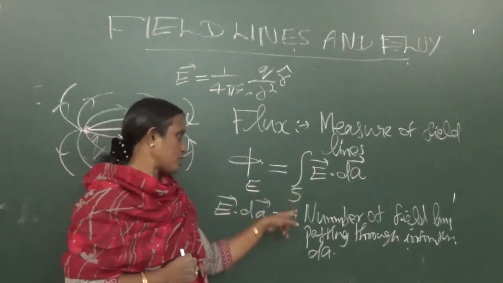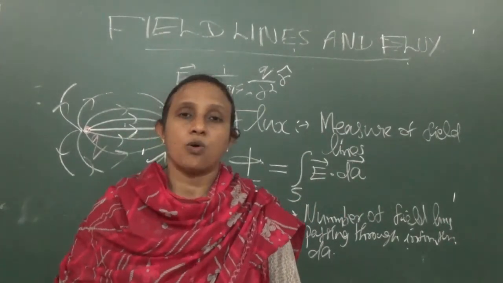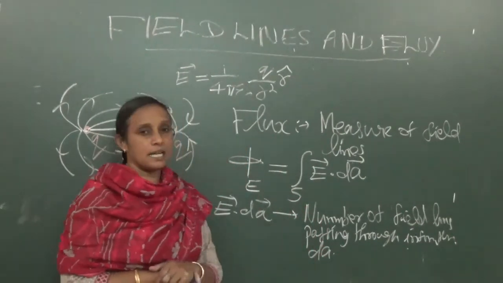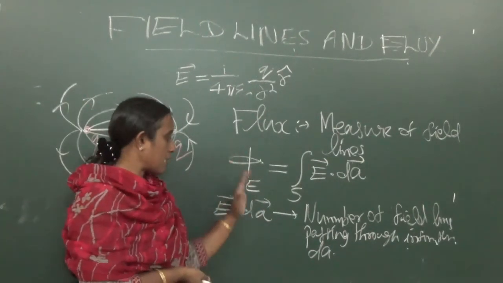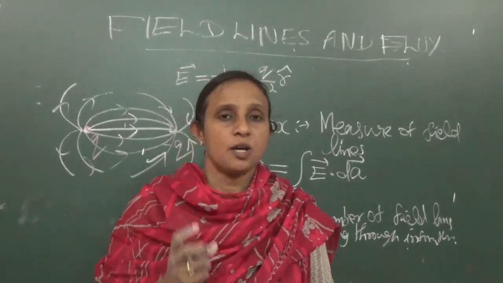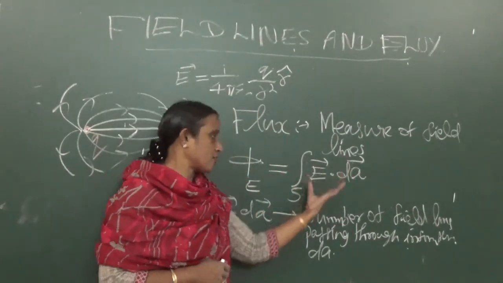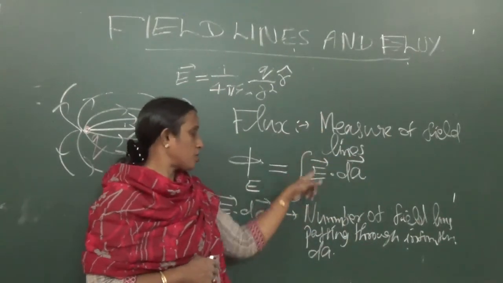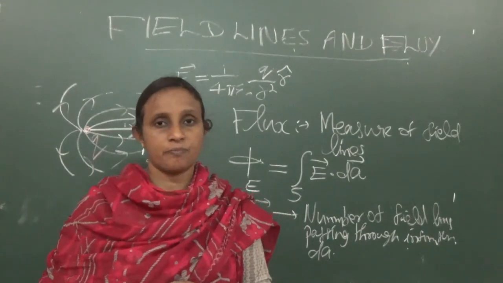This definition, the surface integral of E dot dA, gives us the total number of field lines passing through the surface S. Okay, I think you get the idea of the flux. Flux means the number of field lines passing through a particular area. It is defined as electric flux.